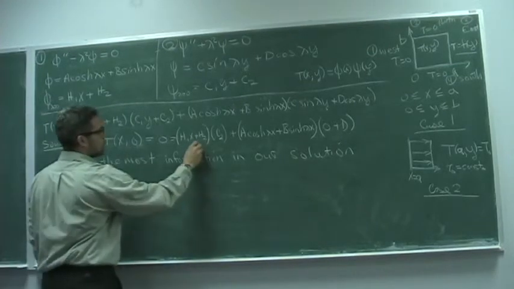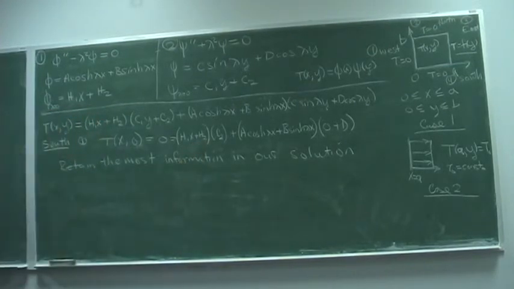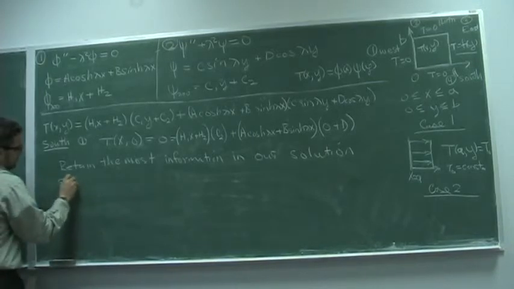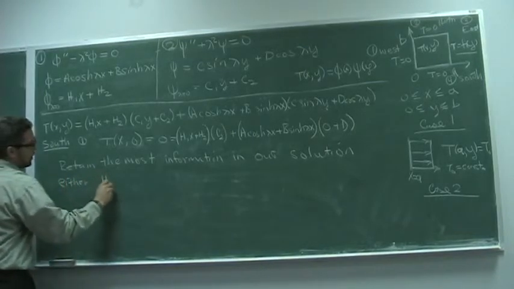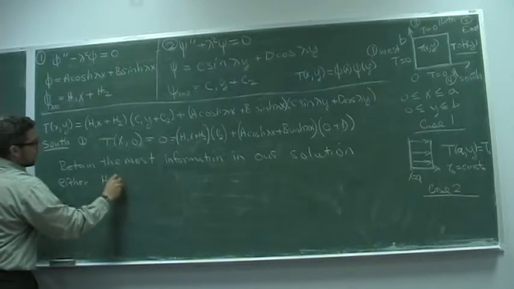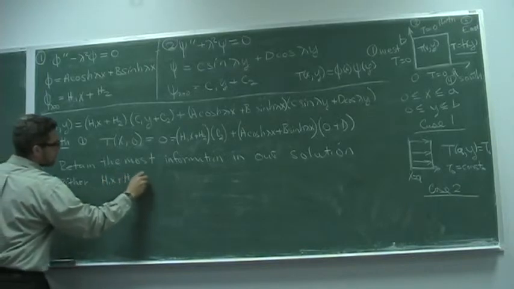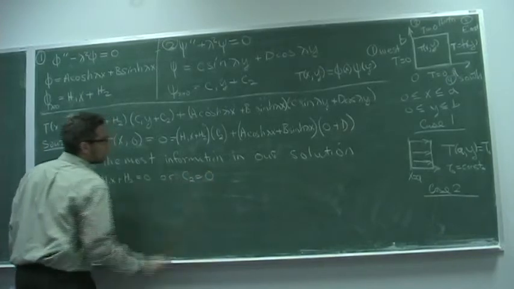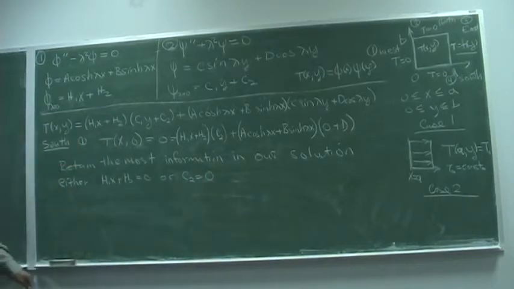So let's look at these two terms. Let's look at the constant term first. Constant and x. We have a choice: either h1x plus h2 equals 0, or c2 equals 0, and keep in mind that's for all time.